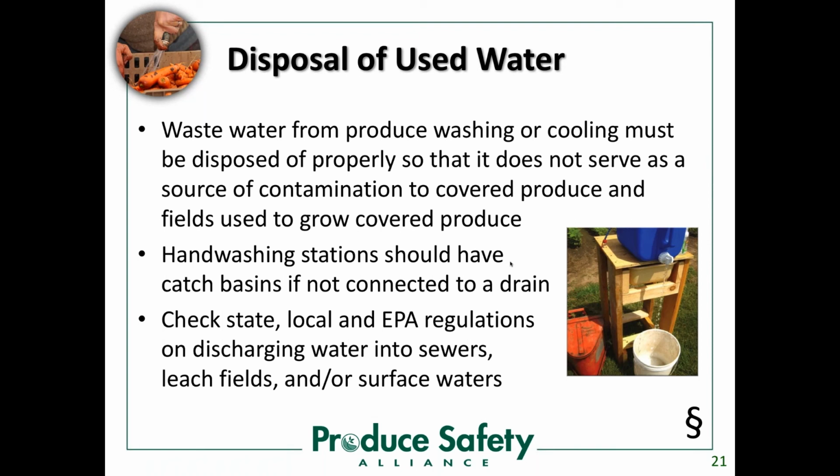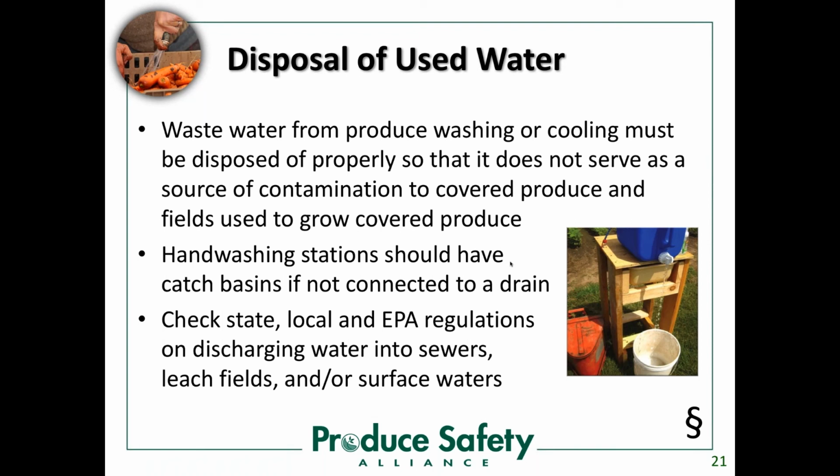Check state, local, and EPA regs on discharging water into sewers or septic fields or surface water. So all that needs to be checked. If you're fortunate enough to be on a sewage system, then just figure out what the cost of that is, figure out what the restrictions are with respect to any of your sanitizers, and go forward.